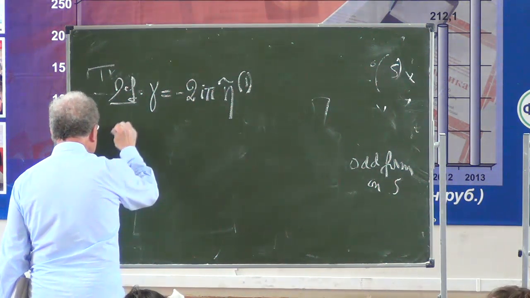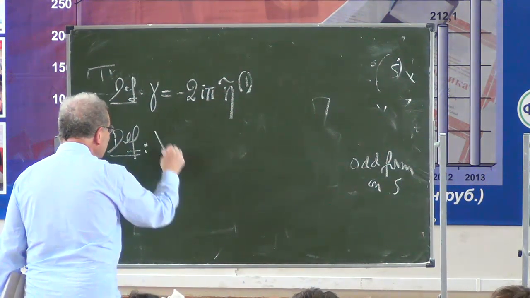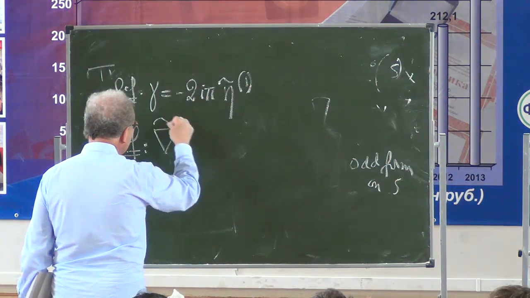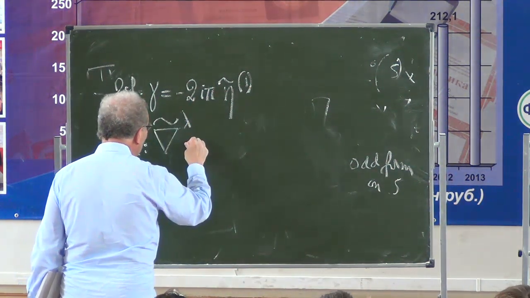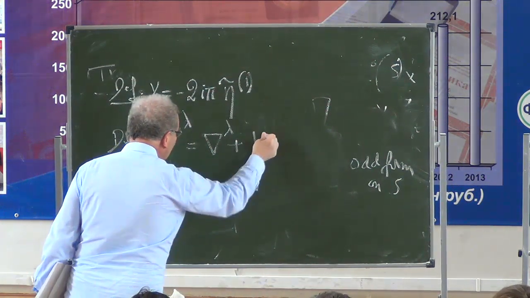By definition, I introduce a new connection nabla tilde lambda, which is equal to nabla lambda plus gamma.